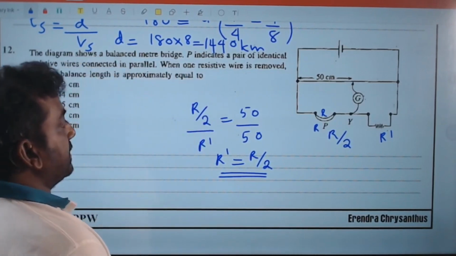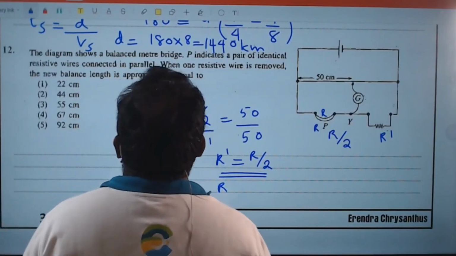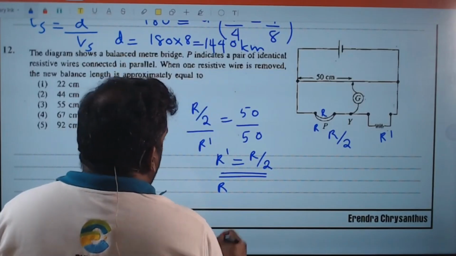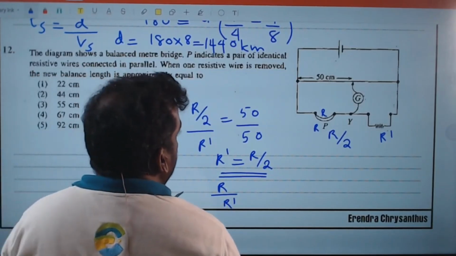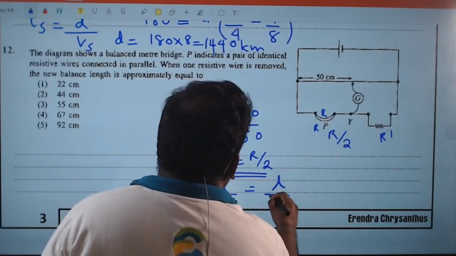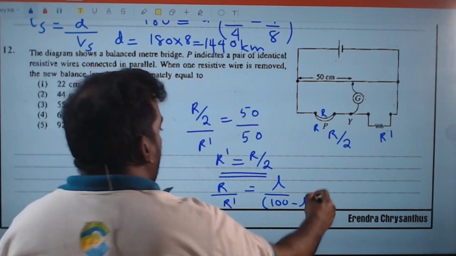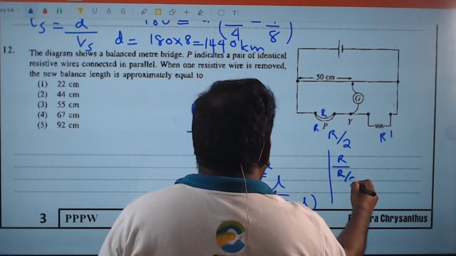Now if one resistor is removed, what is your new balance length? R divided by R dash is going to be L divided by 100 minus L. Simplify this carefully. R dash is R over 2, so R over R dash gives 2.